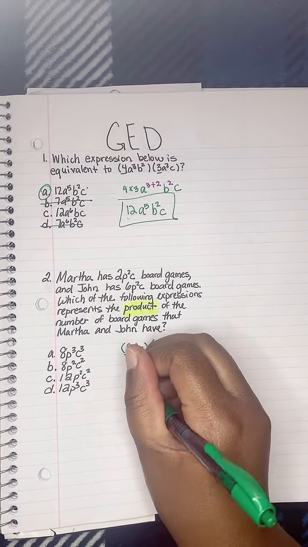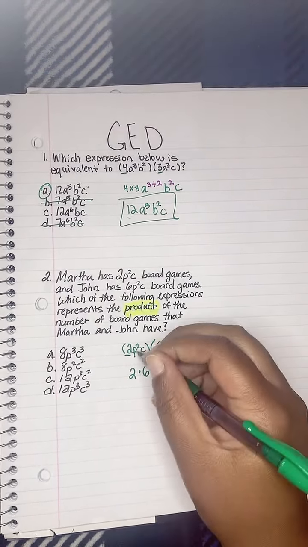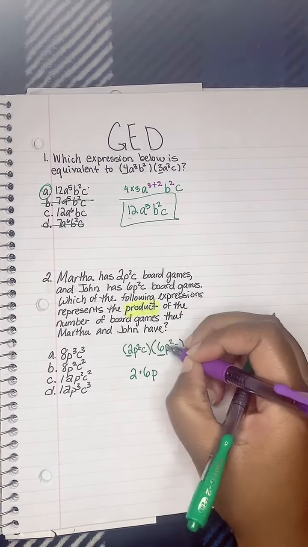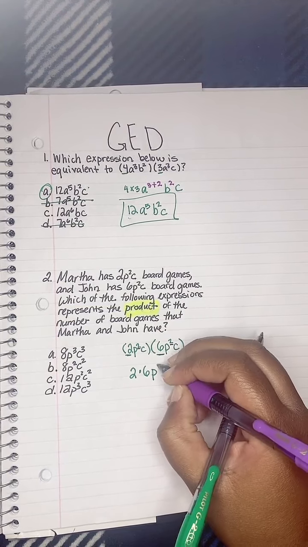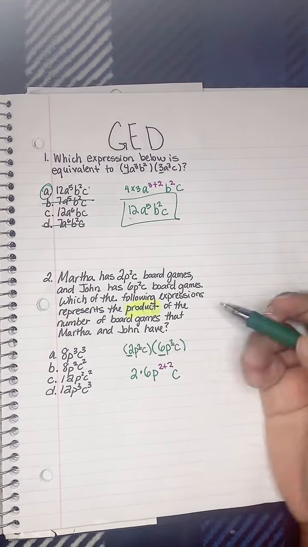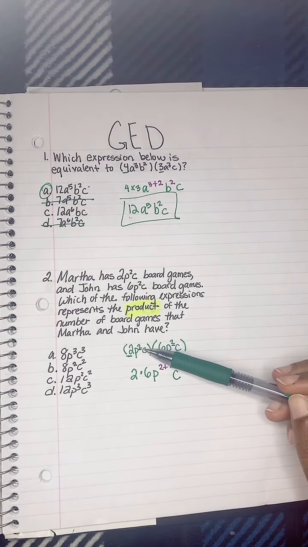So we're going to multiply this 2 times 6. And then you're going to write your P. But remember, what do you do with these exponents? We add them. So you're going to do 2 plus 2. And then you're going to have C. Now, I have a question for you guys. What's the exponents on that C?